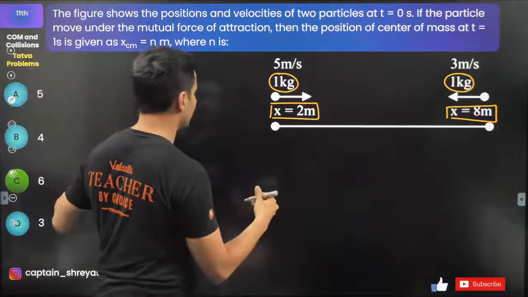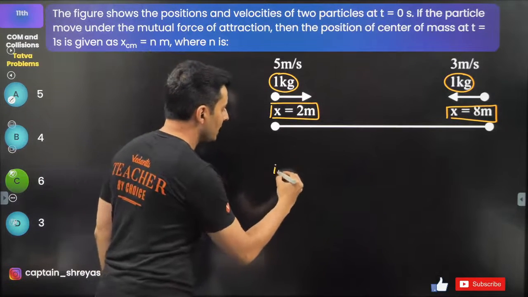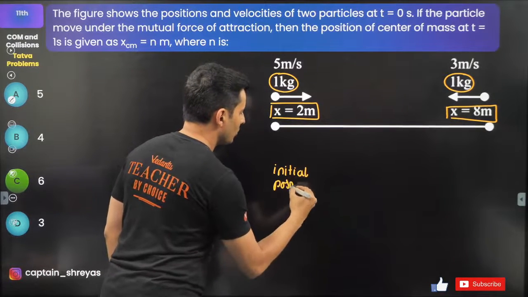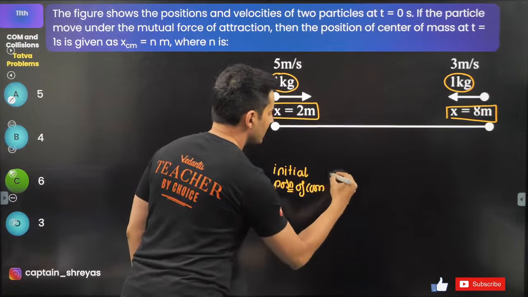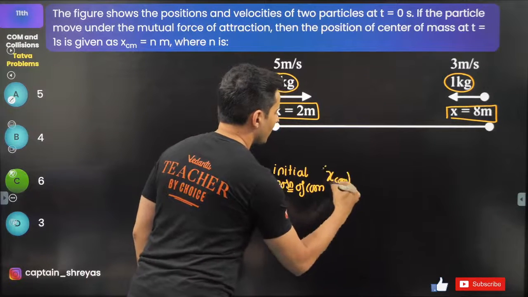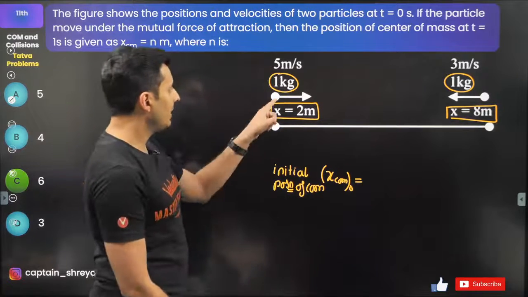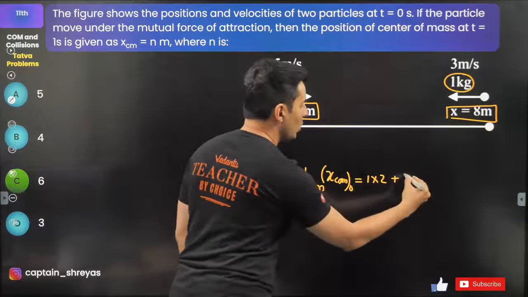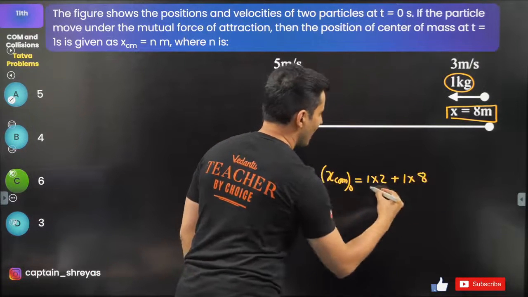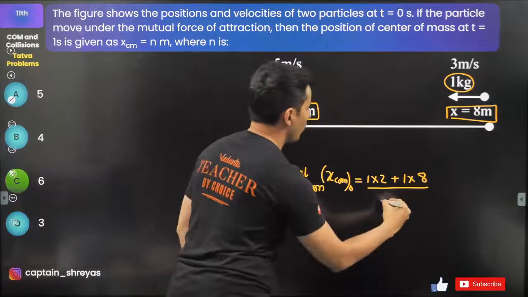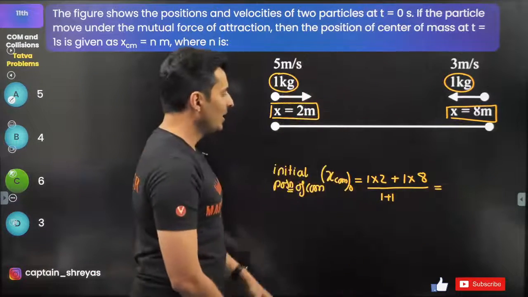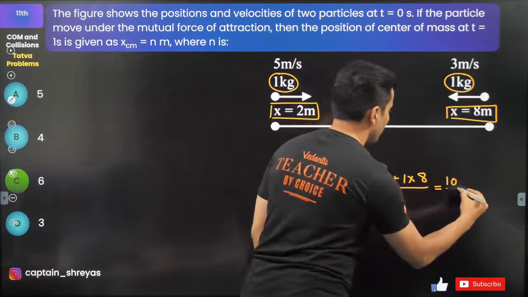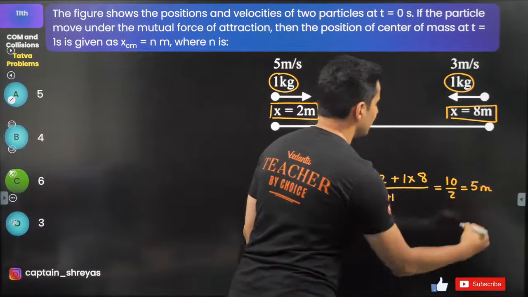So initial position of the center of mass, I'll just write it over here. Initial position of the center of mass, I'll say XCOM naught will be m1 x1 plus m2 x2 upon m1 plus m2. 1 plus 1 is equal to, now this is 2 plus 8, that is 10, 1 plus 1, that is 2, so this is 10 by 2, which is basically 5 meters.